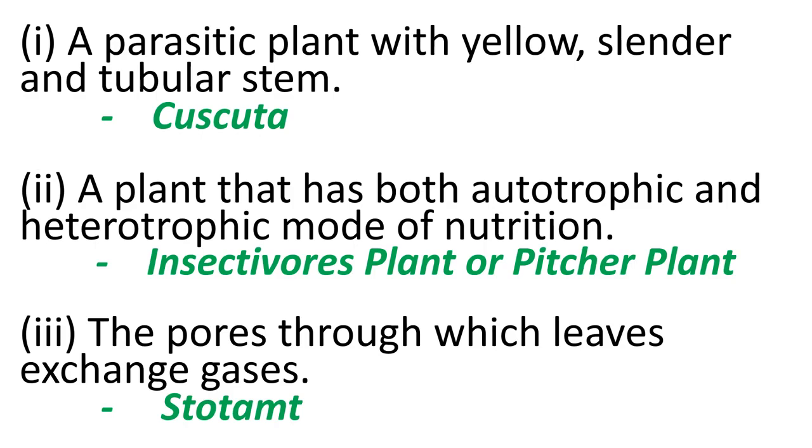It's insectivorous plants, or particularly if we specify some examples, then it would be pitcher plant, Venus flytrap, or sundew. Number 3, the pores through which leaves exchange gases. It's stomata.